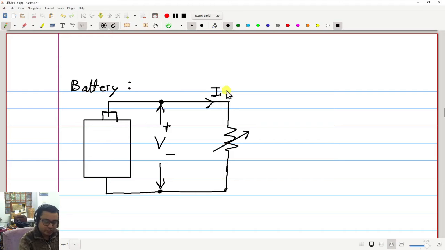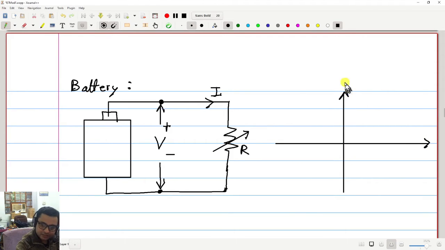With some voltmeters and ammeters, you can measure this voltage and current while you are changing this resistance. If you plot a graph of voltage versus current, you will see what you expect. You expect that this voltage should remain constant at 1.5 volt, even if you are drawing more and more current.